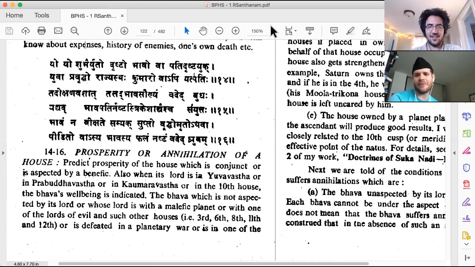But that's the idea of annihilation. And let me tell you, these are very good precepts, and how I was taught to analyze houses. Very simple stuff. Of course, it's never one-dimensional. Usually you'll have good and bad in a house, and you have to deduce what's stronger, so to speak. You may have a 7th house promising a really amazing love affair, but then you have some malefic influence that means it's not going to last very long.